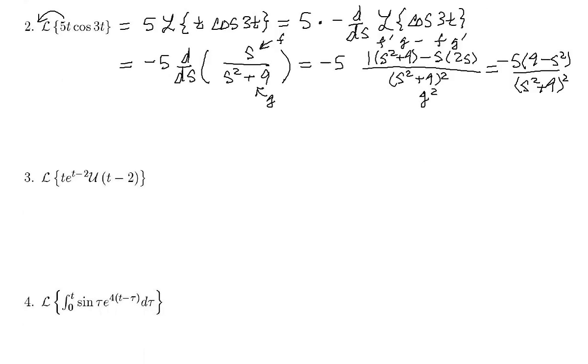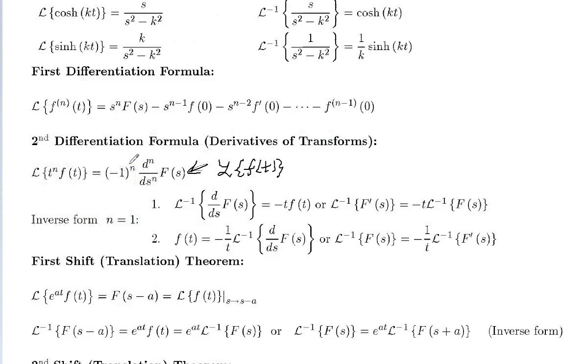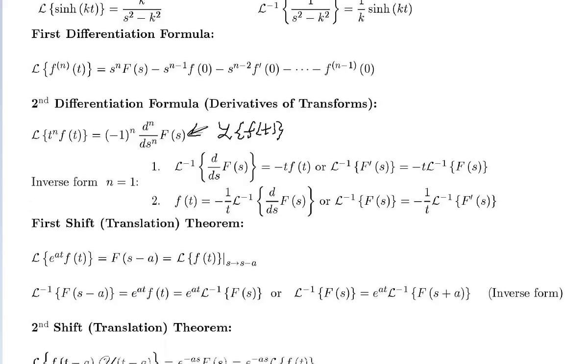Next up, we want to take the transform of a function multiplied by the unit step function. If we go to our transform sheet, that is going to be our second translation theorem.